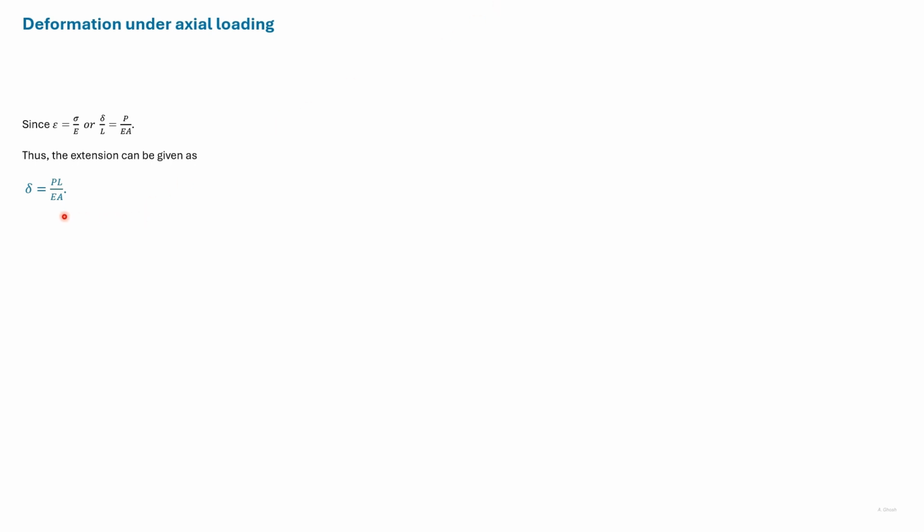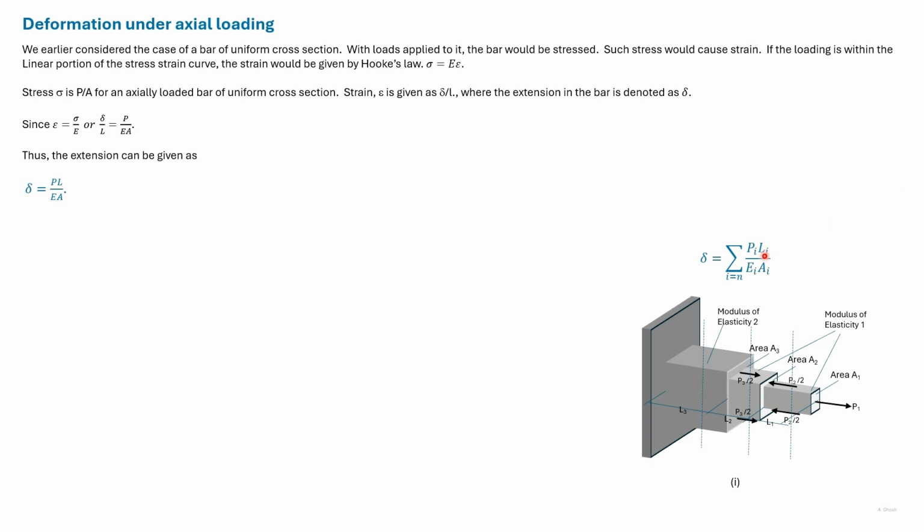For a rod, if different portions have different P, E, and A, then we have to consider the portions where they are constant and find out delta for each of these portions, and then finally sum delta up for the whole rod. So if there are n portions, then delta is the summation of Pi Li divided by Ei Ai, with i from 1 to n.